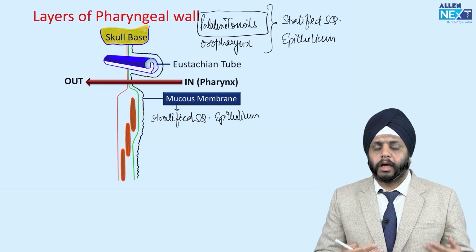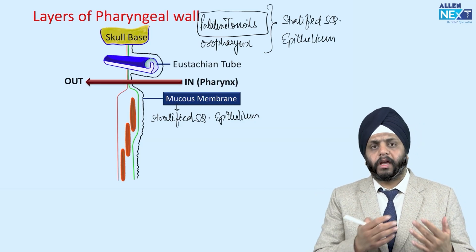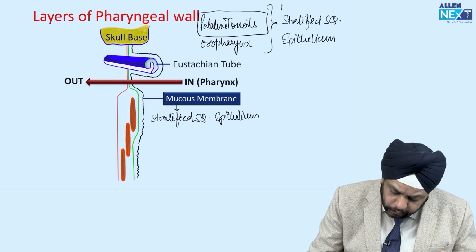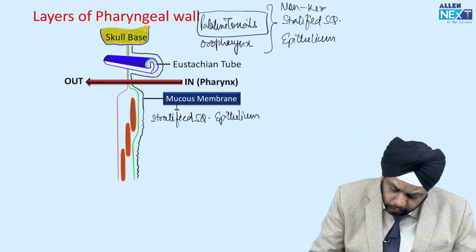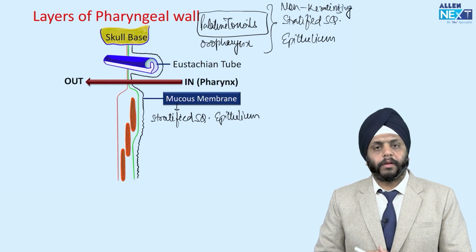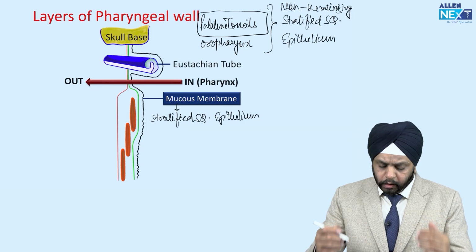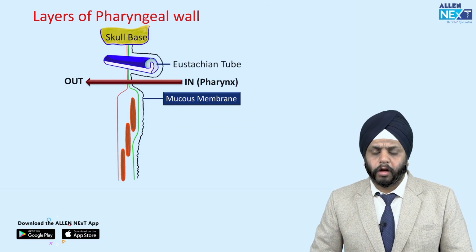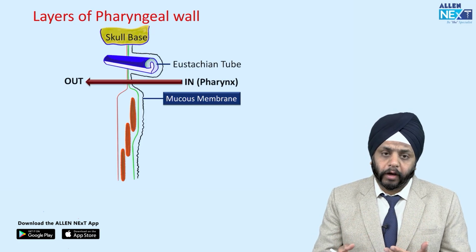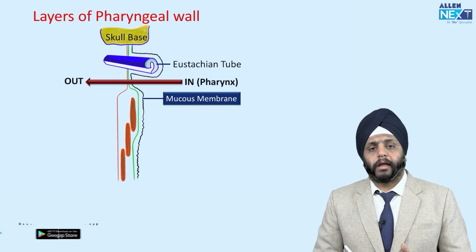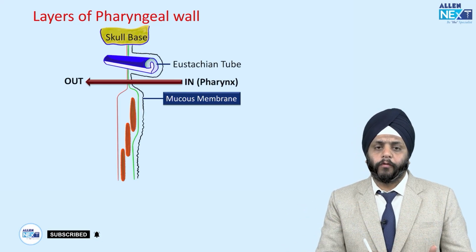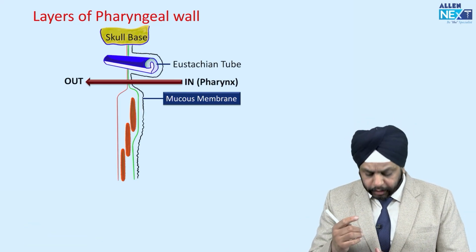But in the mucosa, inside the cavities, stratified squamous epithelium is non-keratinizing. Right? Okay. So mucosa is pseudostratified ciliated columnar epithelium in the nasopharynx and non-keratinizing stratified squamous epithelium in the oropharynx and major part of the hypopharynx.